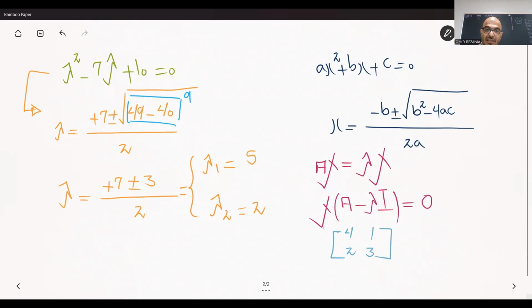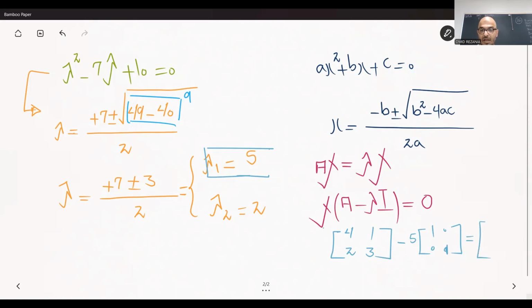I can choose lambda 1, which is 5. But you could choose 2, I'm just going to choose 5. Minus 5 times I. How much is I? That's right, it becomes 5 times 1, 0, 0, 1. Now, what is the end result of it?